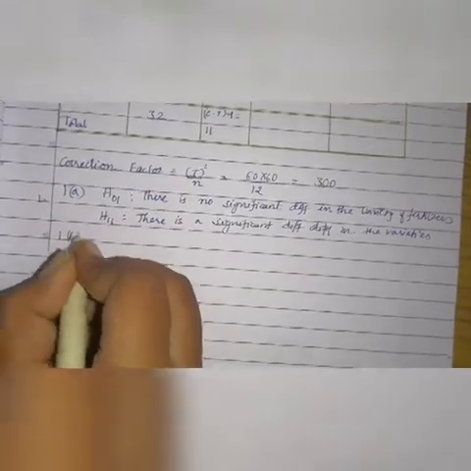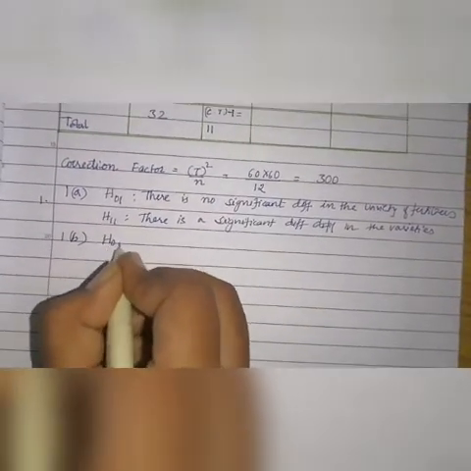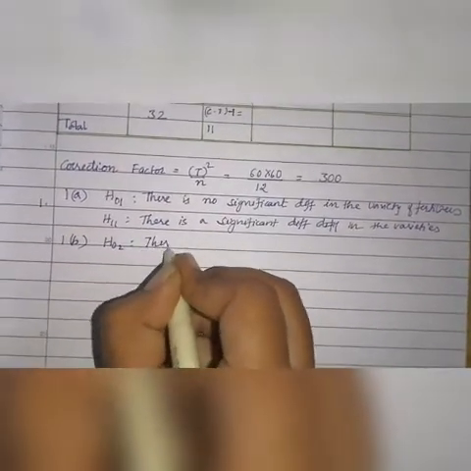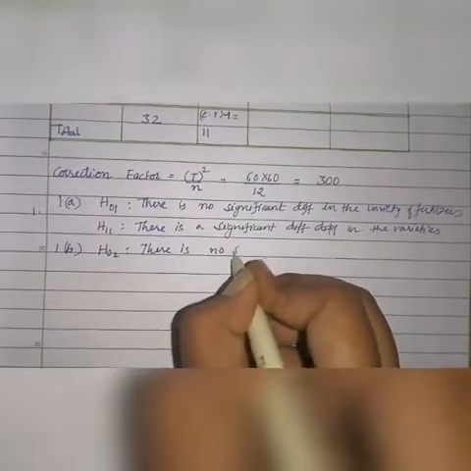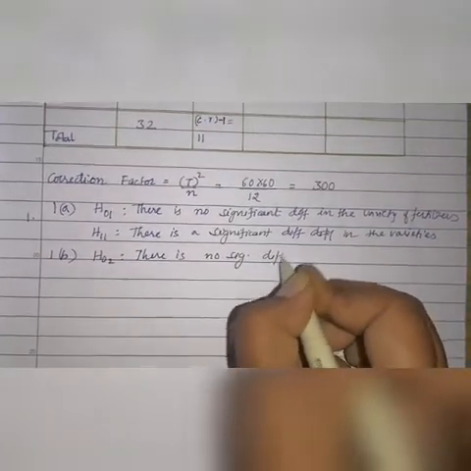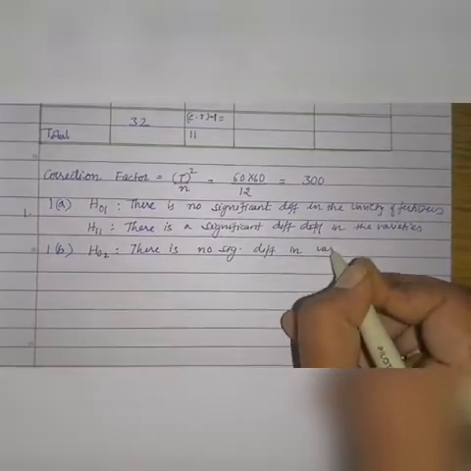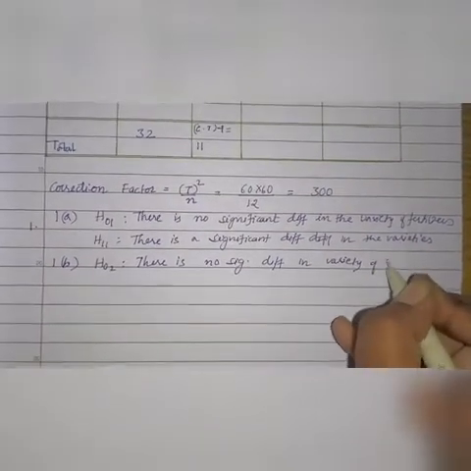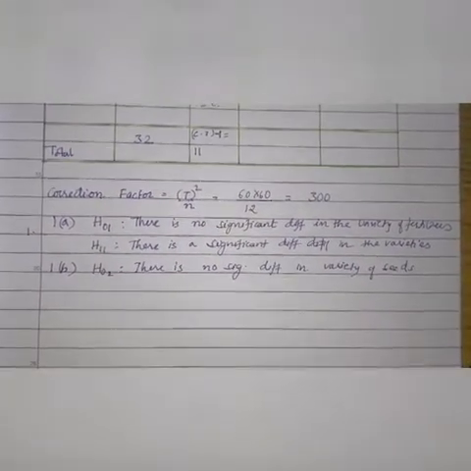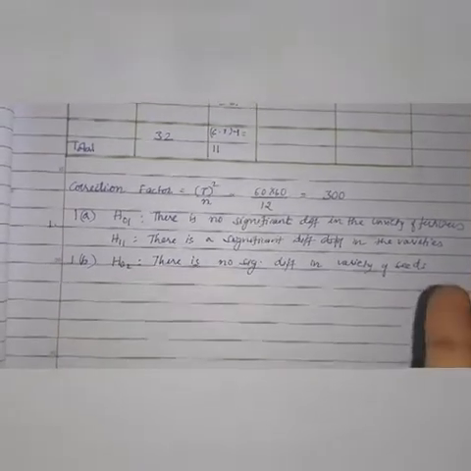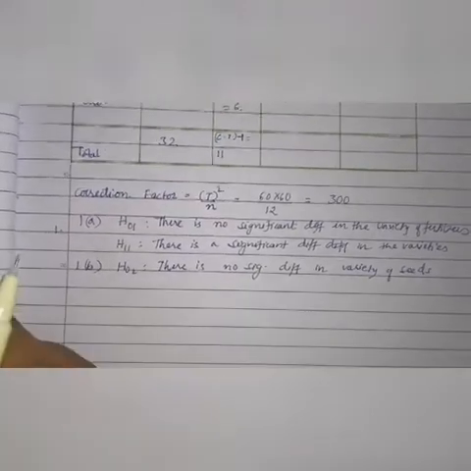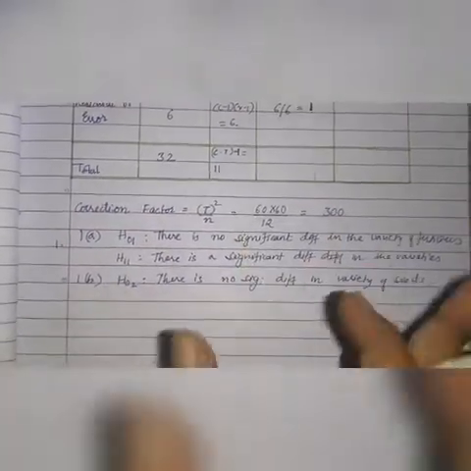Now the second set of hypotheses, H02: there is no significant difference in variety of seeds. We are taking two attributes, right? Previously we have taken only one attribute and checked it with respect to one null hypothesis, one alternative hypothesis and one F ratio.